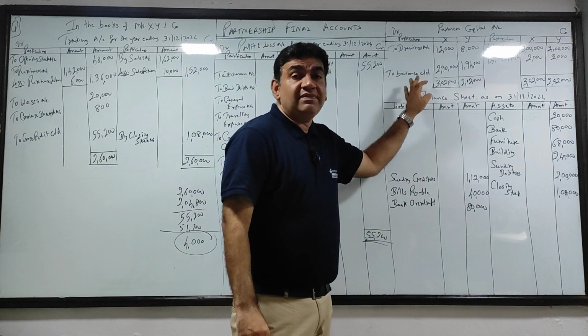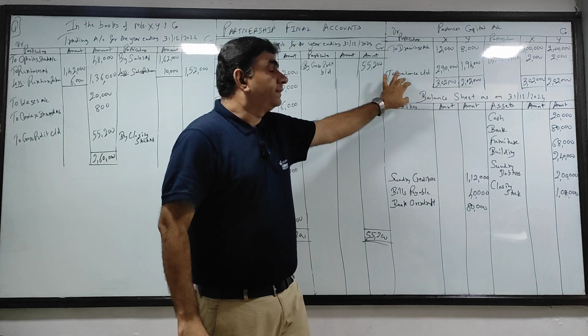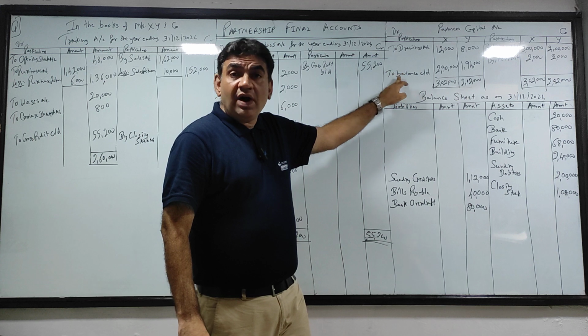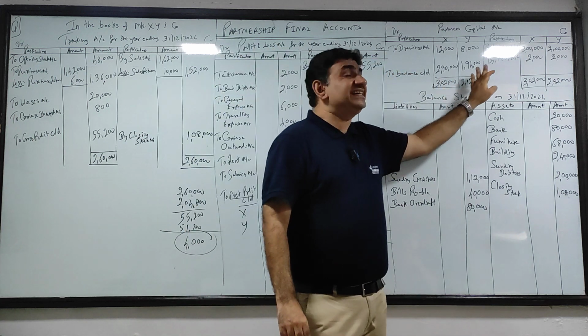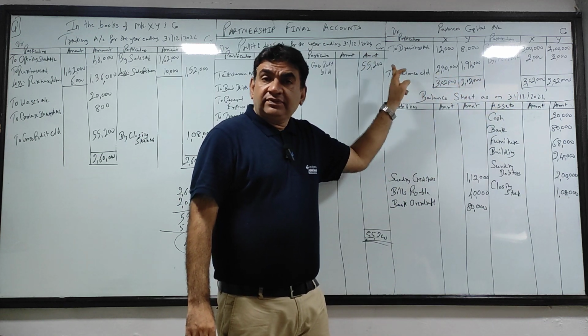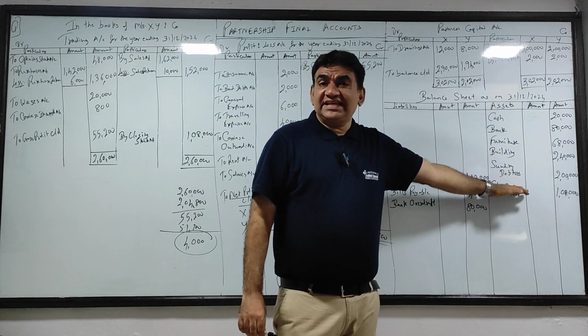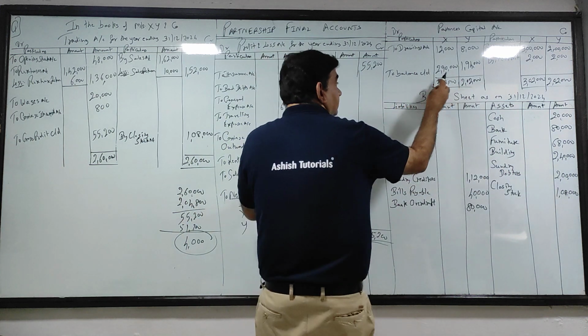And this is my capital's balance. Again guys, note: why is the difference coming on the debit side? The difference is coming on the debit side because credit is more. So this is a credit balance. A debit balance always goes on the asset side. Credit means payable, liability. So this will come here.